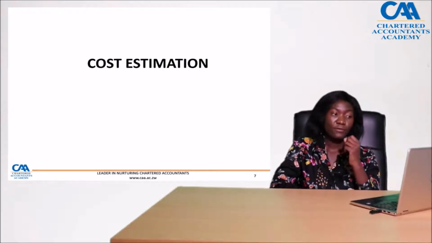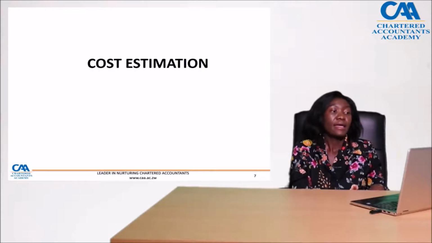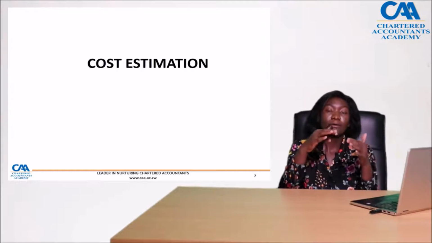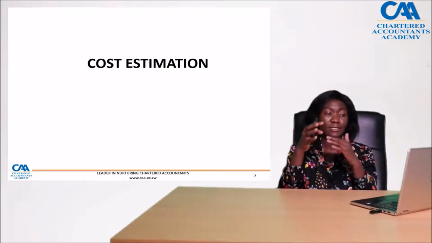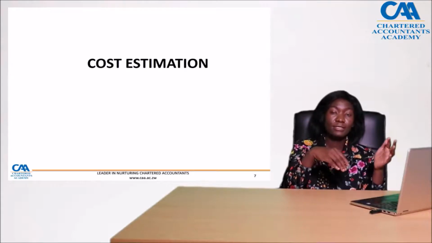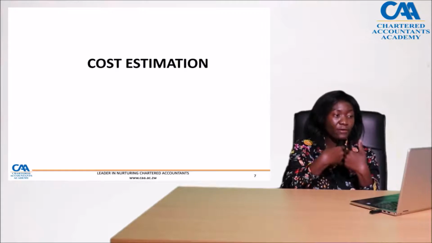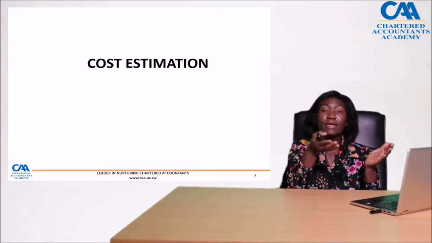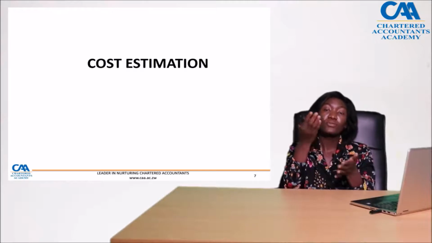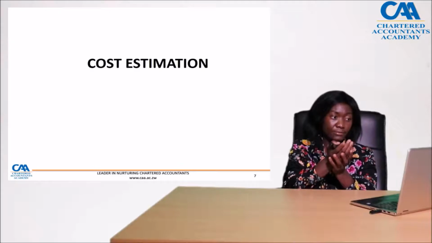We have, first of all, what we call engineering methods. As the name suggests, we are going through motion studies and evaluations. Maybe you visit a factory, you observe, you make your evaluations. After that, you can determine roughly how long it takes to produce something, which you can translate to a cost.